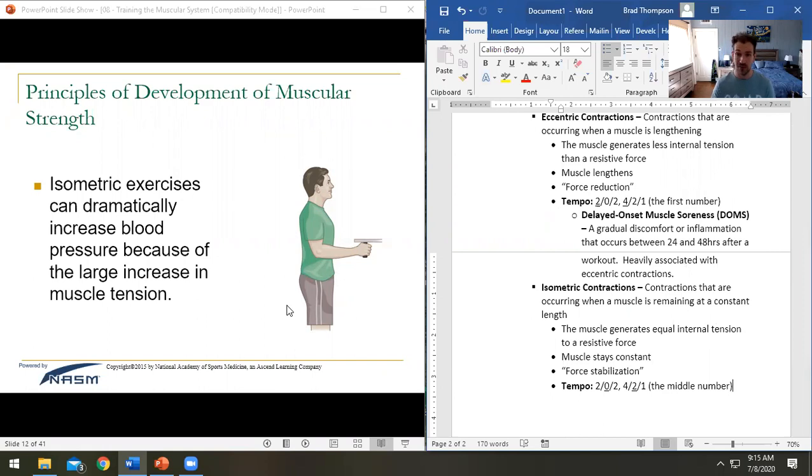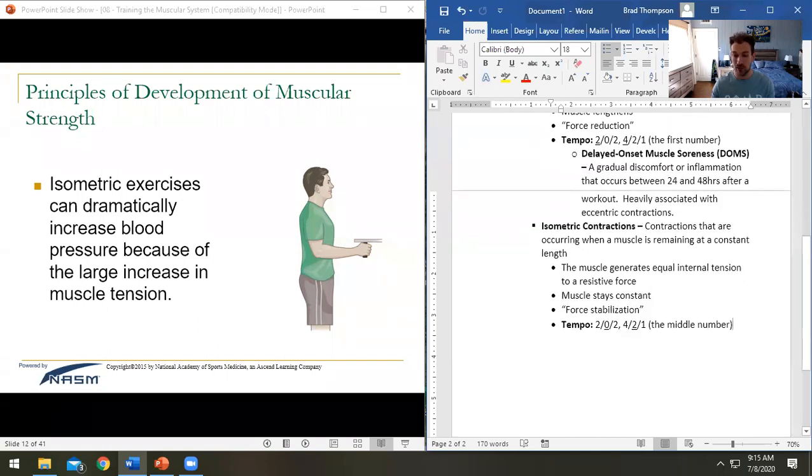You don't want your joints to be unstable, but it does result in super high blood pressure. So if you have a client who already has high blood pressure, generally you're going to want to avoid isometrics. So isometric exercises dramatically increase blood pressure due to the amount of internal tension they are generating.